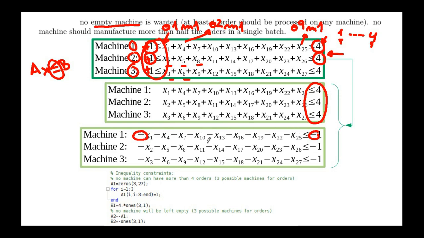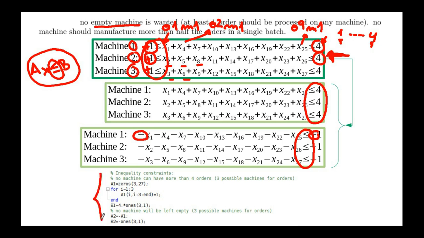They have turned into negative. In order to what? In order to change the direction of the inequality. So now all the inequalities in the first set are split into two different inequalities, but both are smaller or equal than something.